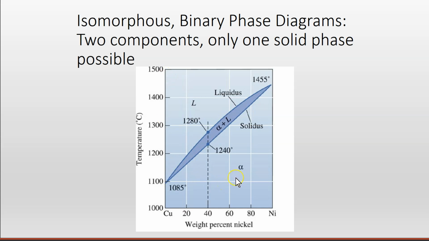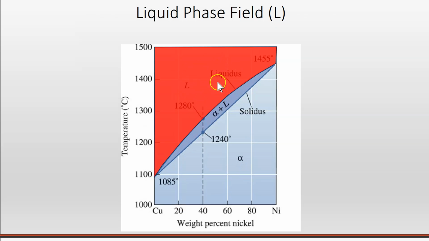Here we see there are 3 phase fields. One of the phase fields is the liquid phase field. Any combination of composition of the alloy and temperature that falls within this field, we expect the material will be in the form of a liquid.